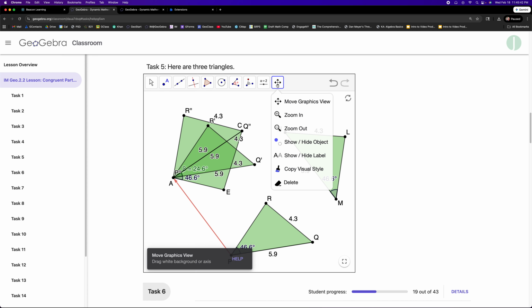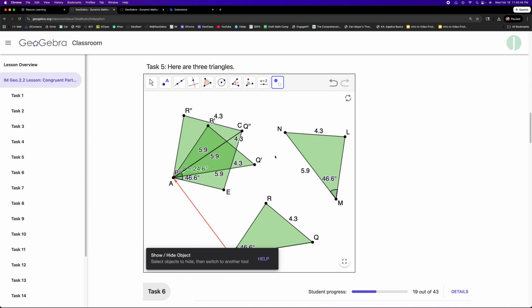Now, I don't want to see this other triangle because there's a lot of stuff going on here. So I'm going to go over to the Show and Hide Object menu, and I'm going to hide this point right here, Q prime, and this point right here. Then when I go back to the Move menu, that should make the triangle disappear.